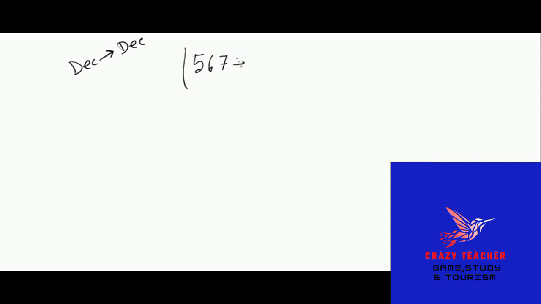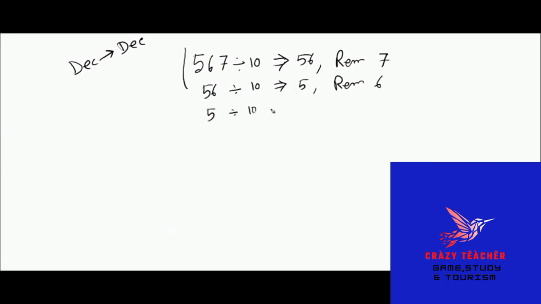If you divide 567 by 10, you get 56 as the quotient and the remainder is 7. Then you divide 56 by 10 again, and you get 5 with remainder 6. Then 5 divided by 10 gives 0, and the remainder is 5.